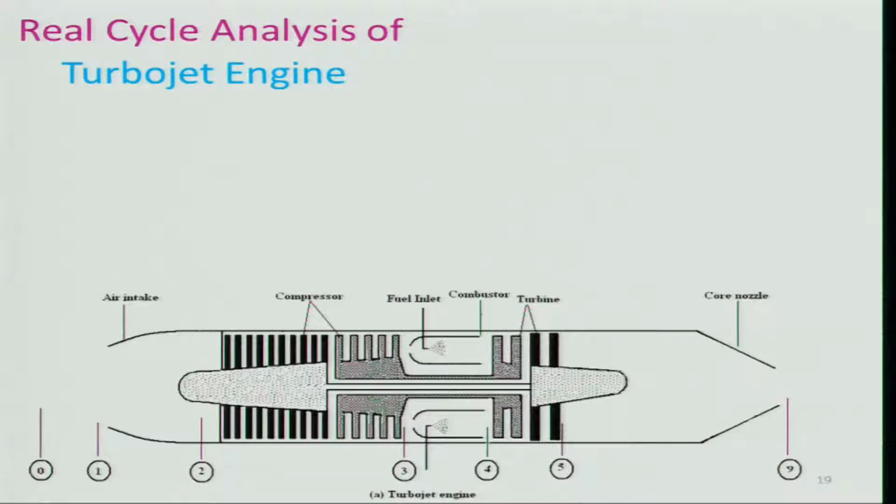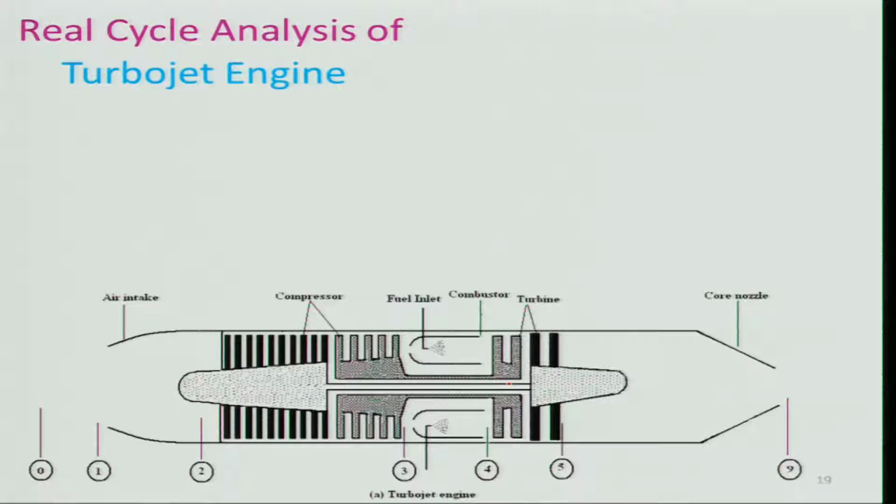So, as I told you, we will be carrying out real cycle analysis for a turbojet engine, and this is as usual the turbojet engine. I am just repeating some of this so that it will be ingrained in your mind that it has an air intake, where the compression process takes place from station 0 to 2, and as you know very well there is a compressor and turbine, and the work done by the turbine is meant to run the compressor.